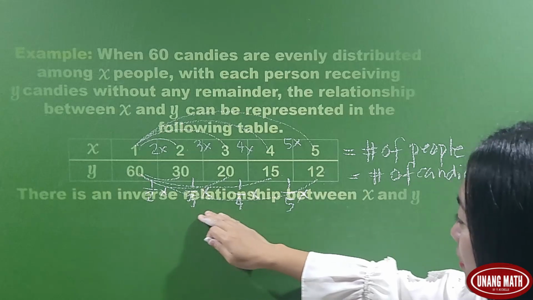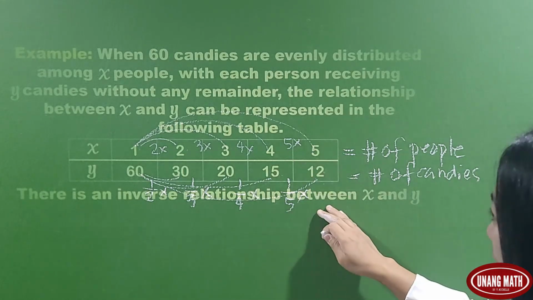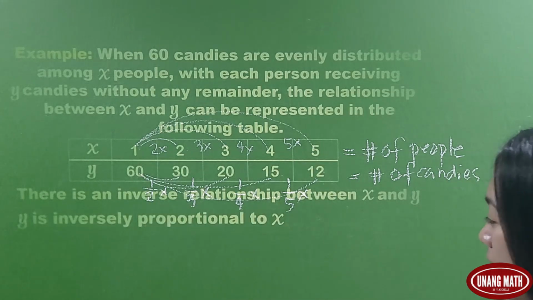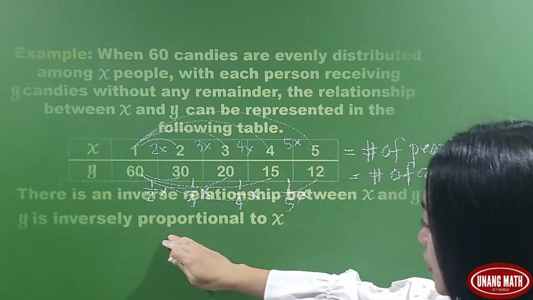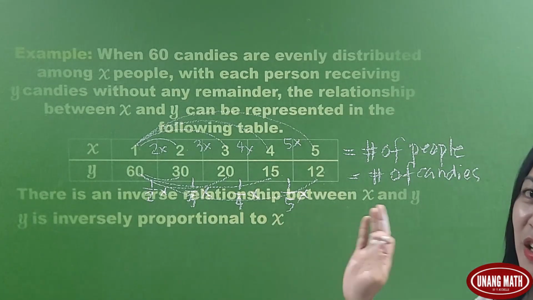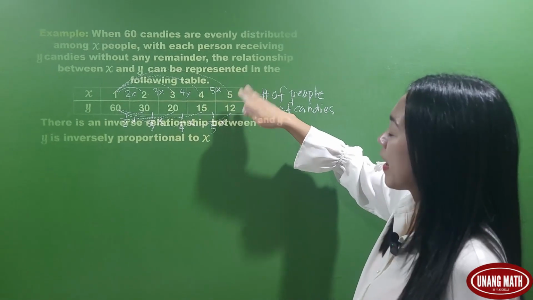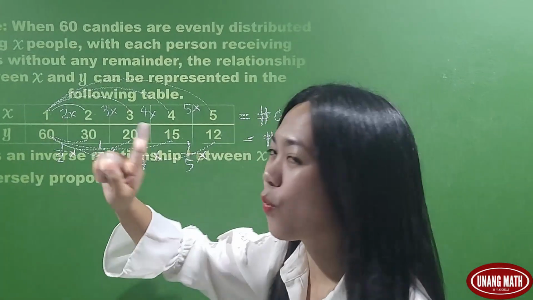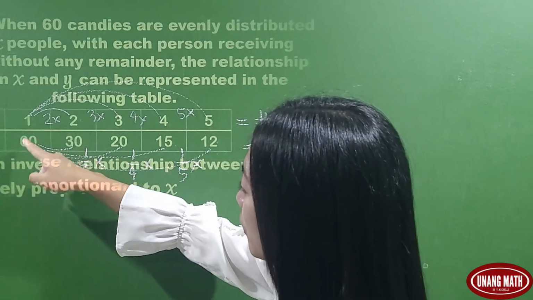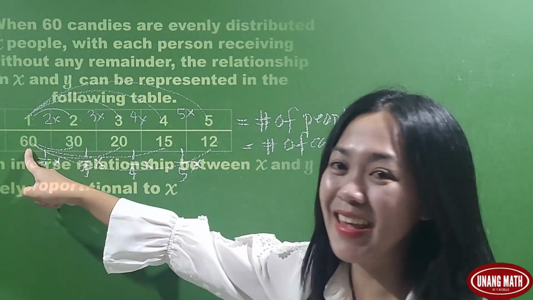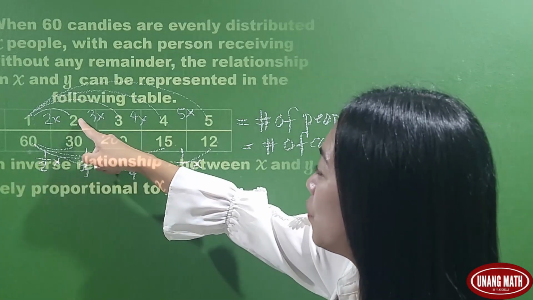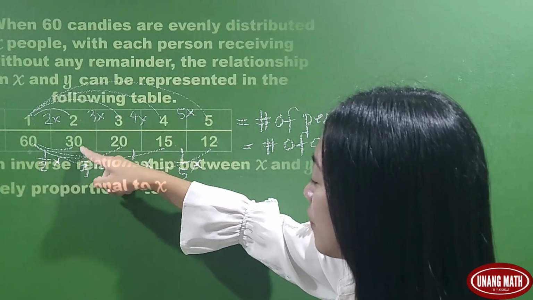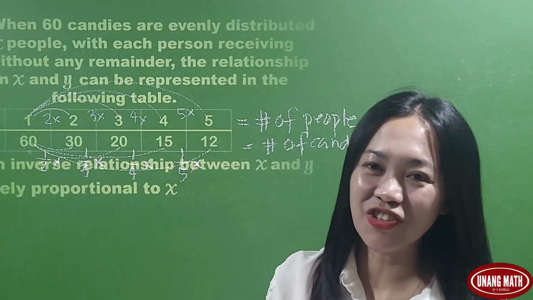So there is an inverse relationship between x and y quantities, or we can also say that y is inversely proportional to x. In this example, for every one person, that one person receives 60 candies. Two persons will receive 30 candies each.